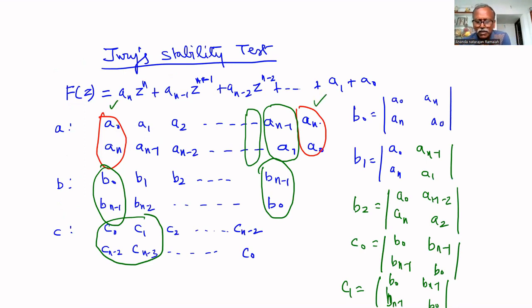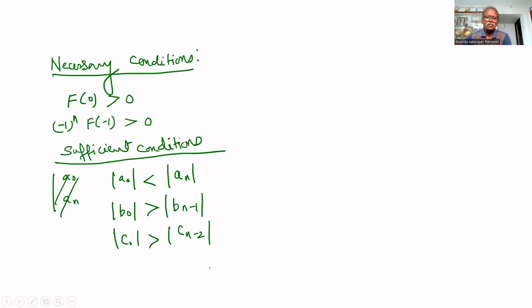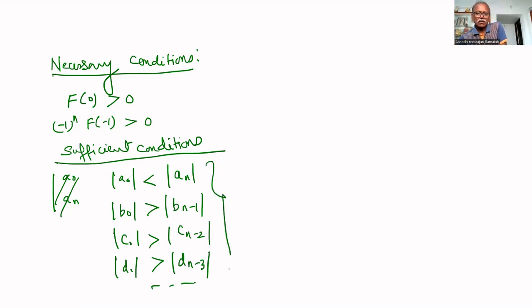From the second row onwards, modulus of B0 must be greater than modulus of Bn minus 1, and modulus of C0 must be greater than modulus of Cn minus 2, then modulus of D0 must be greater than modulus of Dn minus 3, etc. If it satisfies all these conditions, till the last row becomes only 2 elements, then the system is stable.